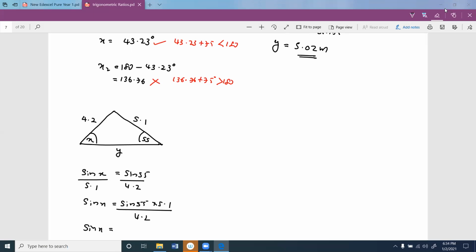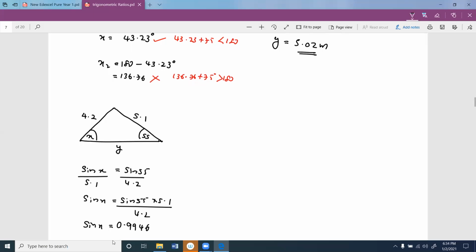Otherwise you don't get a proper answer. Sine 55 into 5.1 divided by 4.2 is not 0.946, but 0.9946.